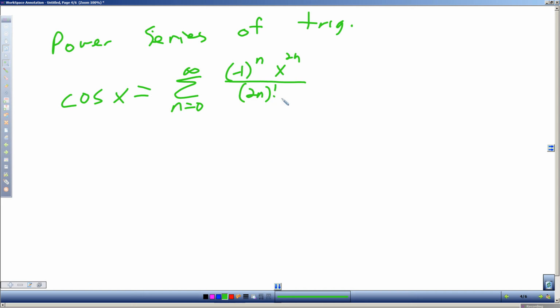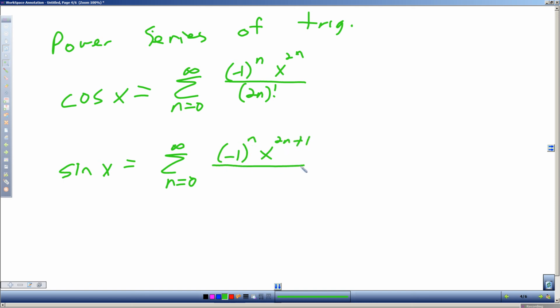Sine of x is equal to the sum from n equals 0 to infinity of -1 to the n, x to the 2n plus 1, over 2n plus 1 factorial.